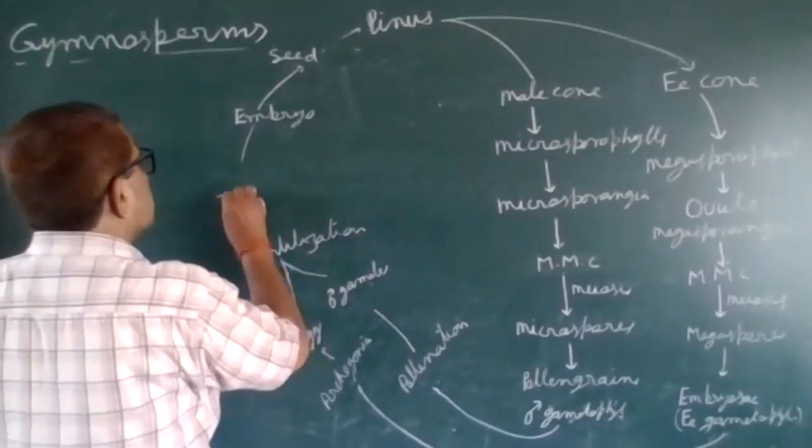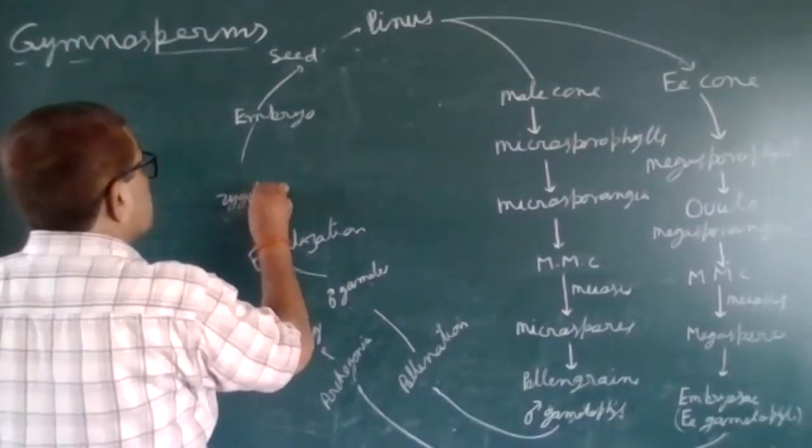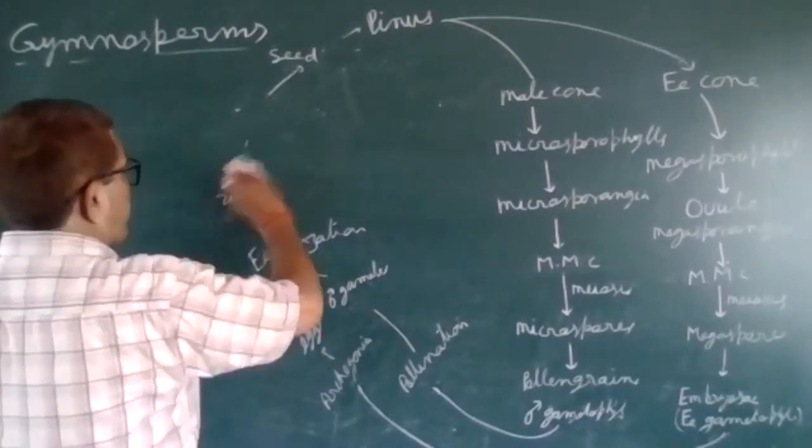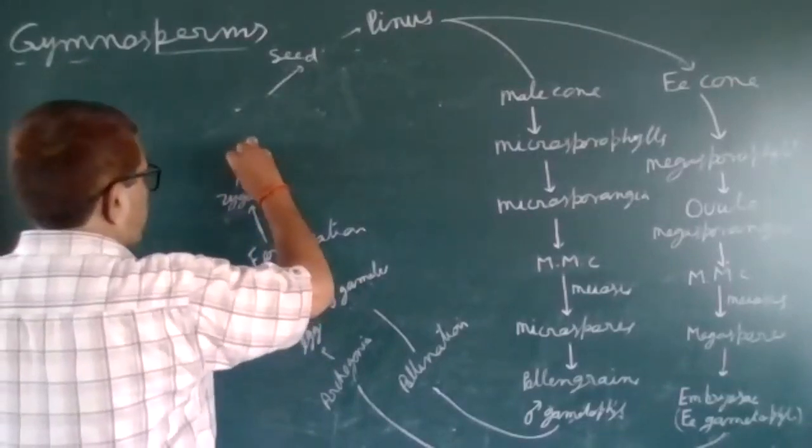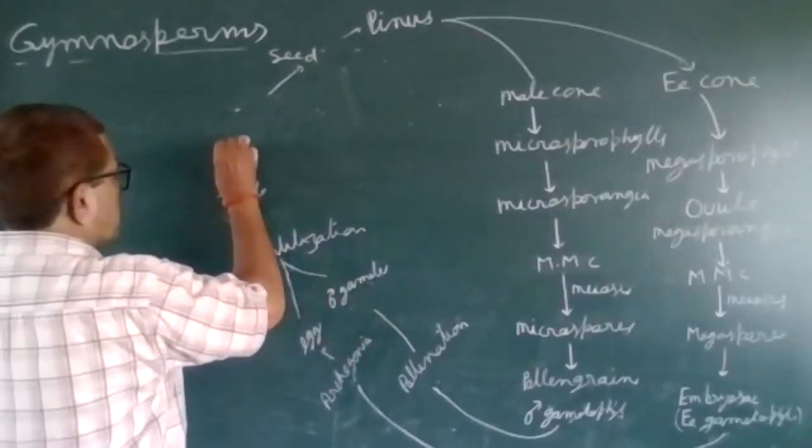This is the zygote. The zygote ultimately produces the embryo.